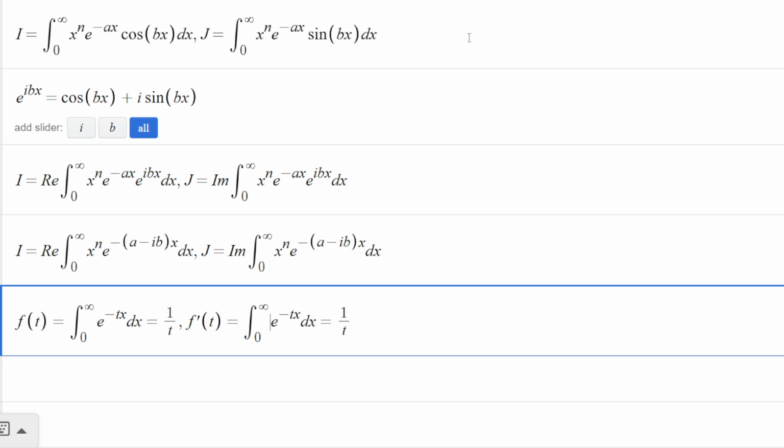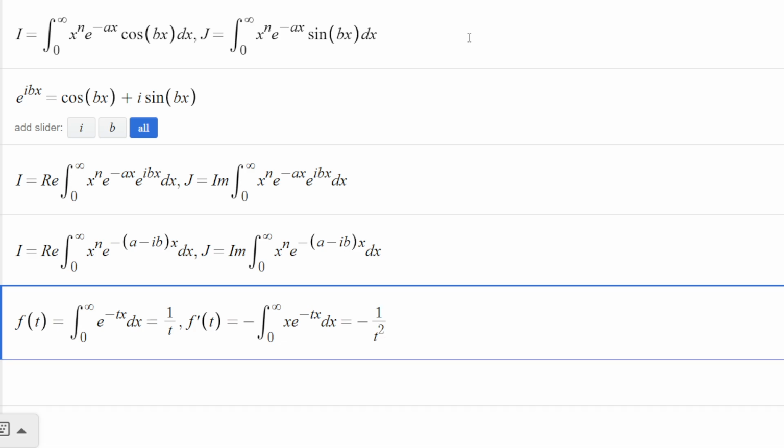Partial with respect to t of e to the negative tx is negative x e to the negative tx. All right, and then we'll go ahead and bring that negative sign outside. And on this side, we're just going to end up with a negative 1 over t squared.